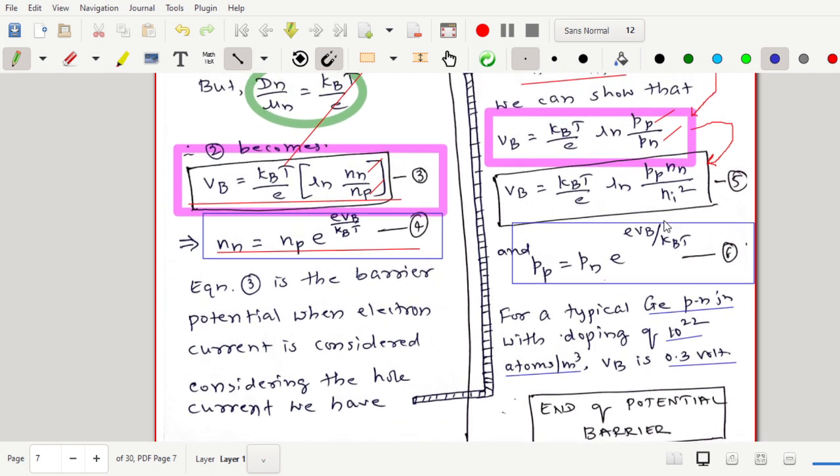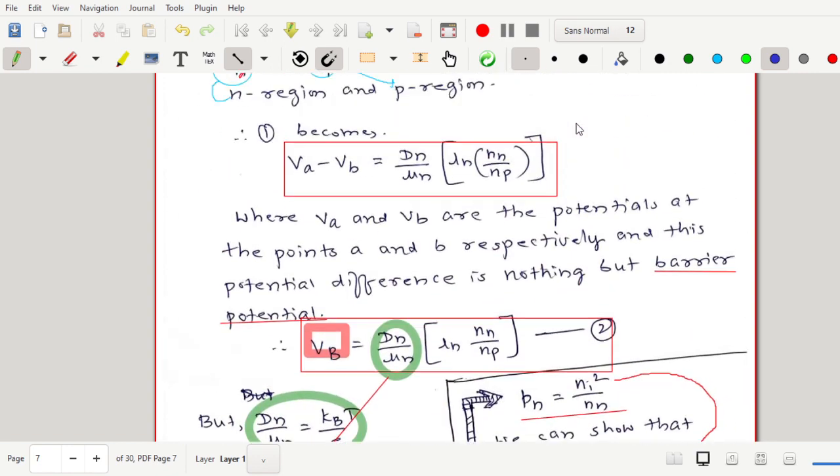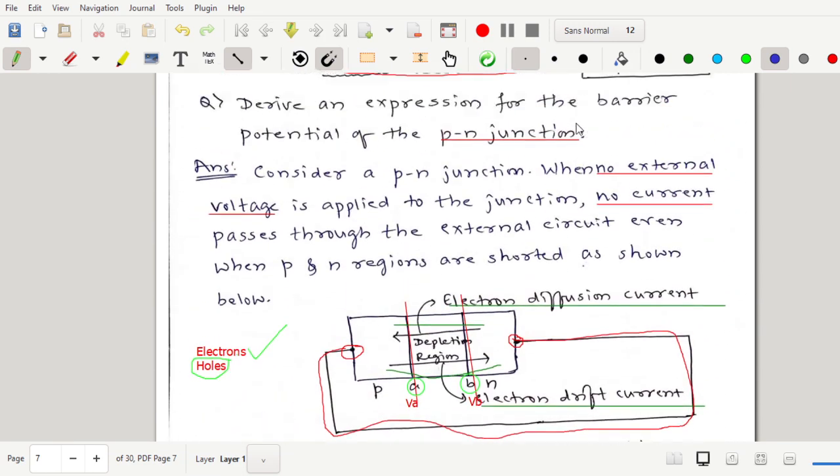So these are the various expressions for the barrier potential. This is the derivation for barrier potential.